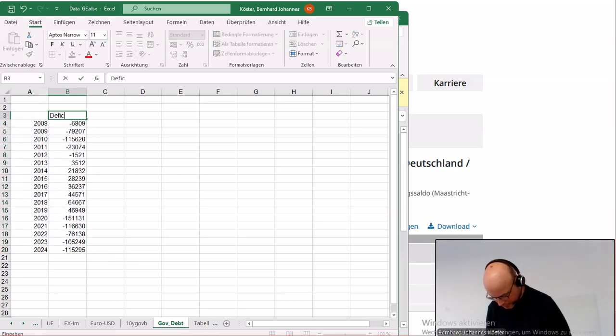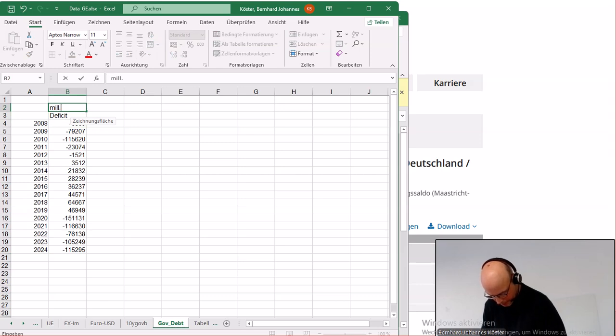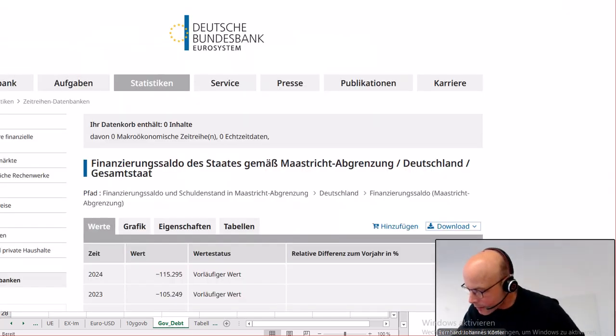This is the deficit. And this deficit is in million euros. And then let's have a look at the debt.